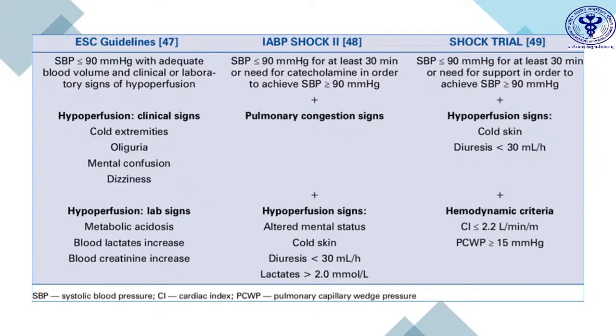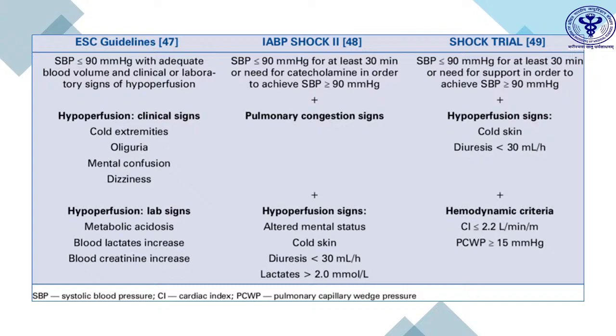The IABP SHOCK 2 trial defines it as systolic blood pressure less than 90 mmHg for at least 30 minutes or a need for catecholamine, that is vasopressor or inotrope, in order to achieve an SBP of more than 90 mmHg, with signs of pulmonary congestion and signs of hypoperfusion, which include altered mental status, cold skin, urine output less than 30 ml per hour, lactates more than 2. The SHOCK trial defines it as SBP less than 90 mmHg for at least 30 minutes or need for support in order to achieve an SBP more than 90 mmHg.